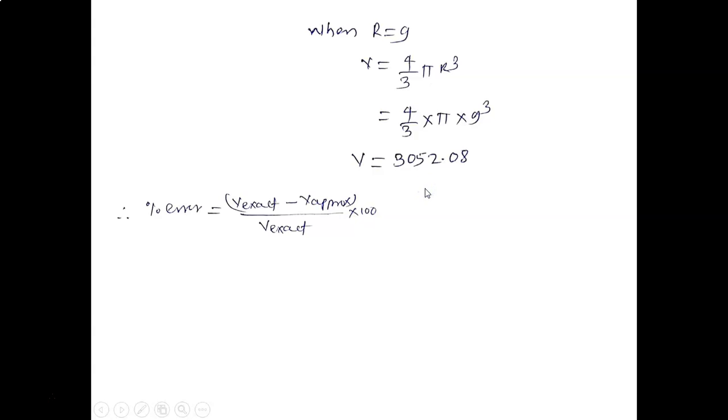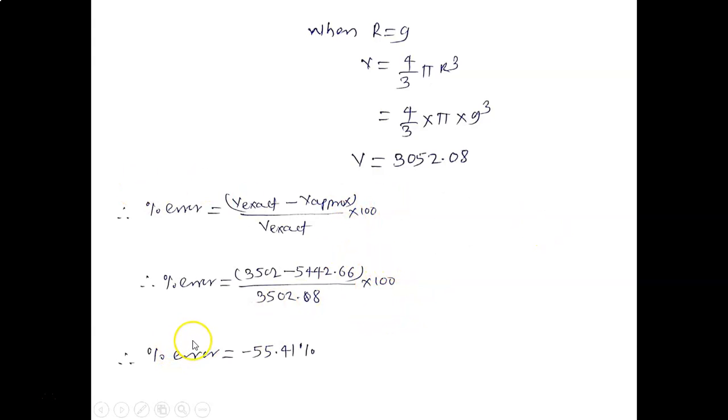Therefore we will calculate percentage error. Percentage error is equal to (V exact minus V approximate) divided by V exact into 100. Substituting the values, V exact is equal to 3052.08 minus V approximate, the previously found value we have to consider, that is 5442.66, divided by again V exact, that is 3052.08, into 100.